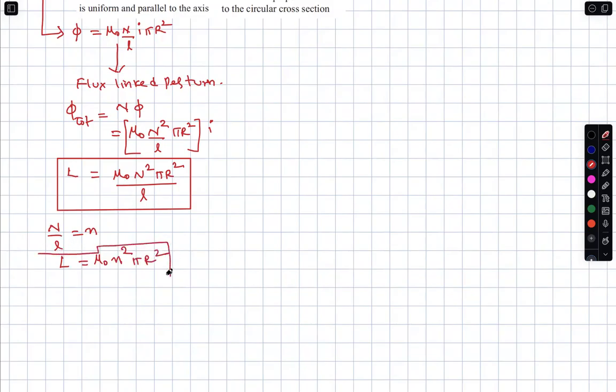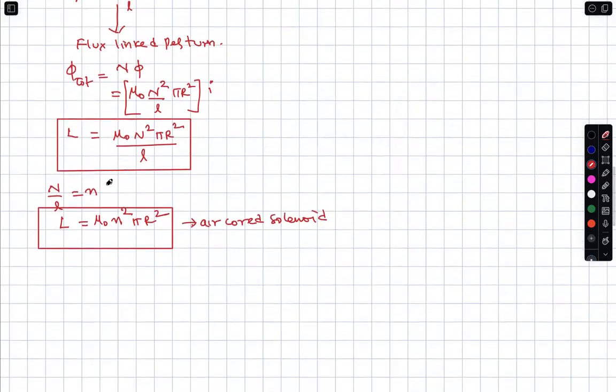Remember, when I am writing this, this is for an air-cored solenoid. Suppose it is something else, a medium, in that case, L is mu naught mu r n square pi r square. That's how you will write.